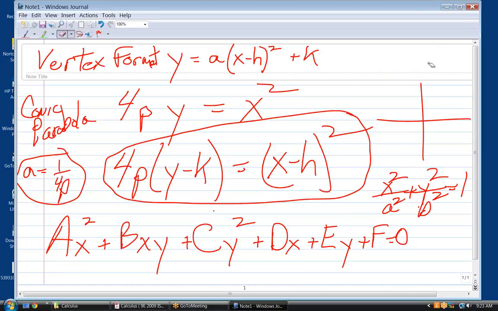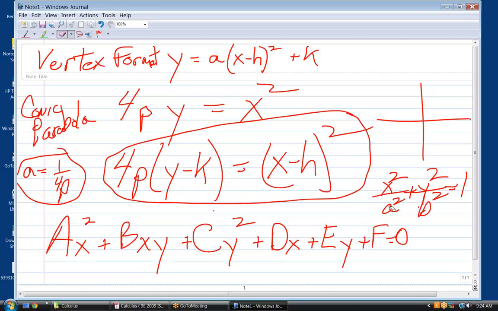Now, let's see if I can remember where I'm going from this. Okay, so we have the Greeks intersecting planes with two cones, defining conics. We have the algebraic definition of conics, and each one of these can be put into the general format. This is the general format for a parabola, this is the general format for an ellipse.